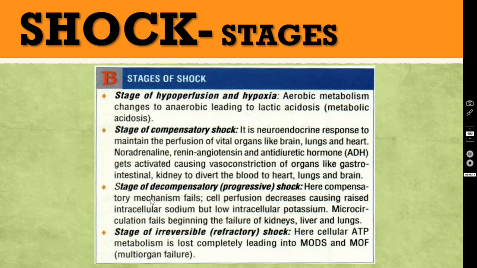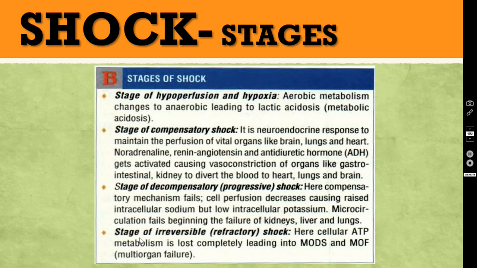The next stage is the stage of decompensatory or progressive shock. Here, the compensatory mechanism fails. Cell perfusion decreases, causing raised intracellular sodium but low intracellular potassium. Microcirculation fails, beginning the failure of kidneys, liver, and even lungs.